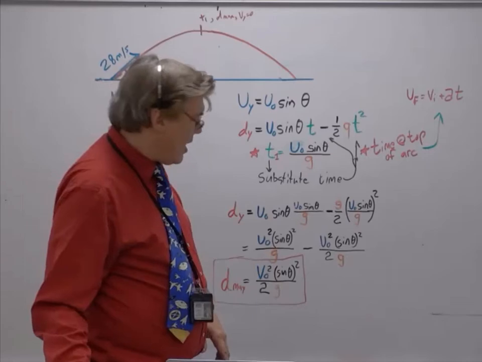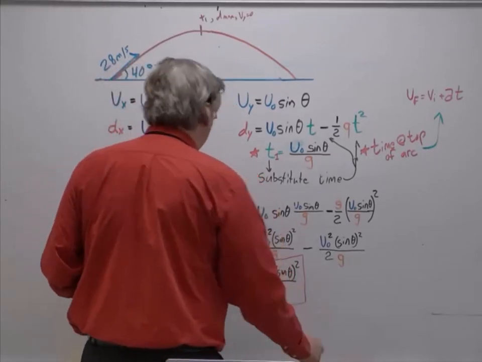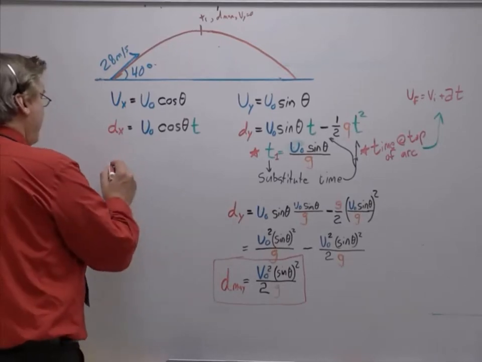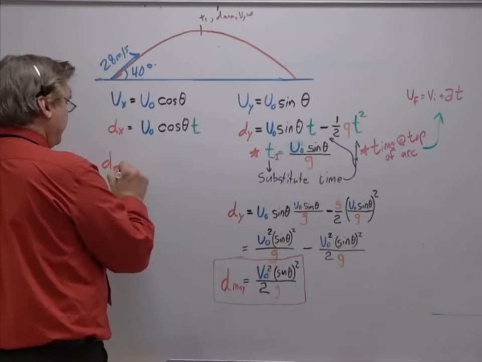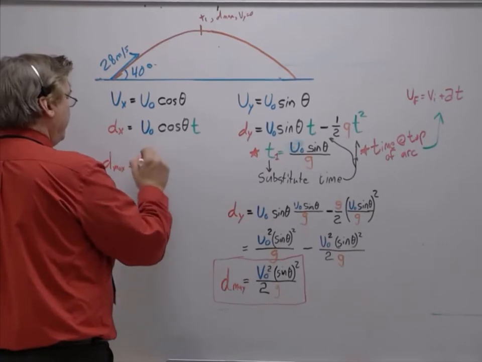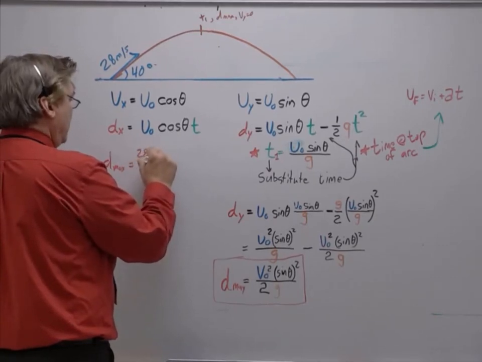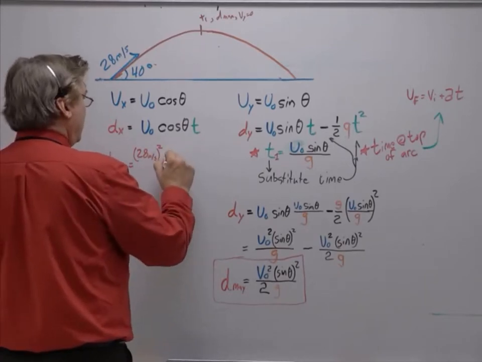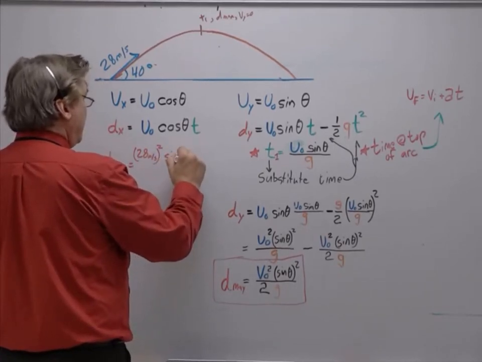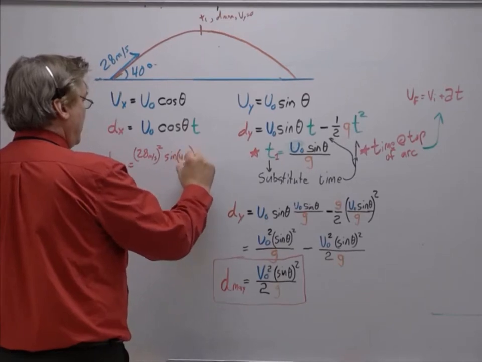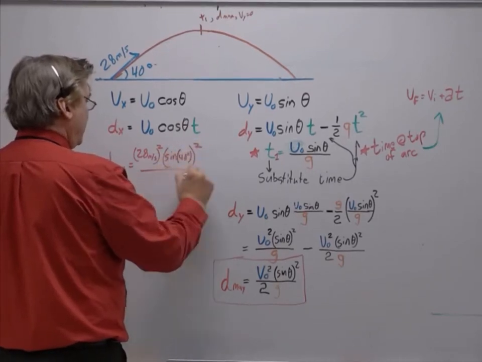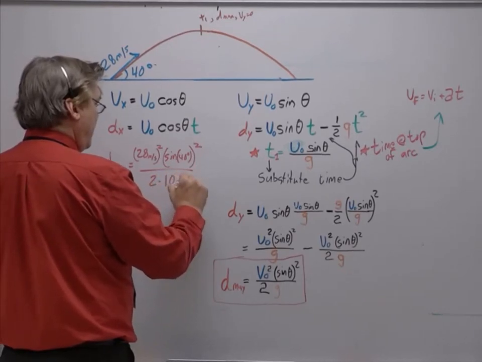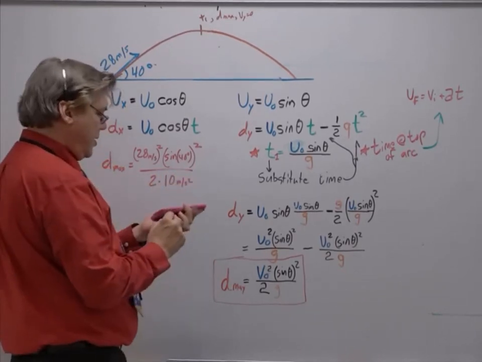So let's plug that into the calculator and see what I get in this condition. I have my D max equal to 28 meters per second, quantity squared, times the sine of 40 degrees, squared, divided by 2g, so that's 2 times 10 meters per second squared.